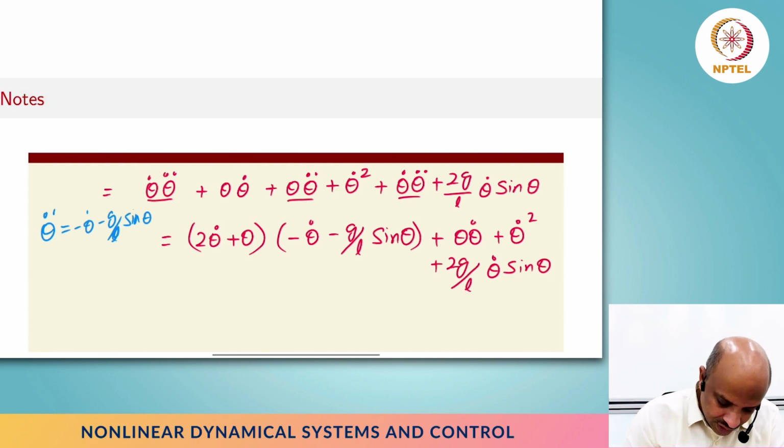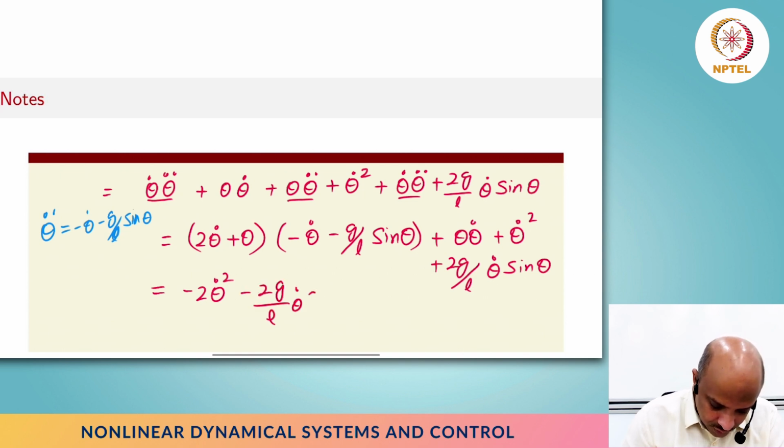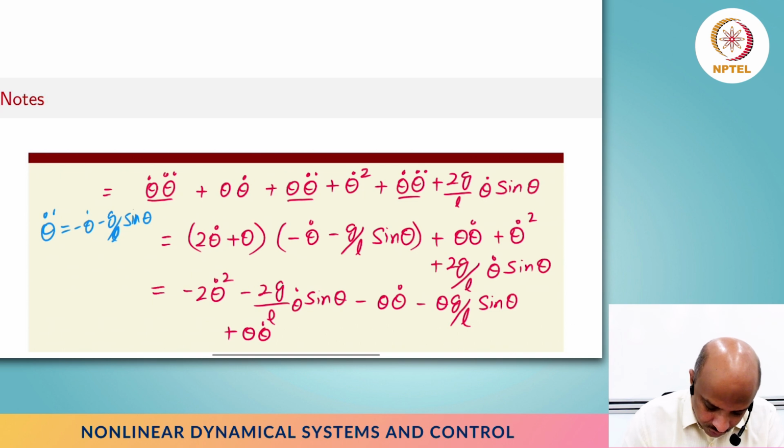Okay, so by substituting, we'll get something like minus 2 theta dot square minus 2g over L theta dot sine theta, which will cancel with the last term there, minus theta dot minus theta times g over L sine of theta plus theta dot plus theta dot square plus 2g over L theta dot sine theta.